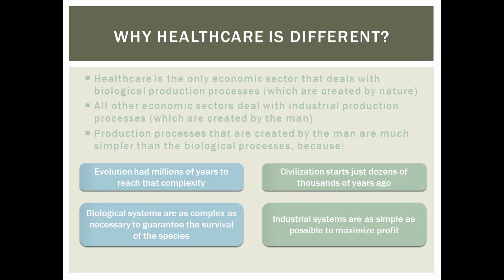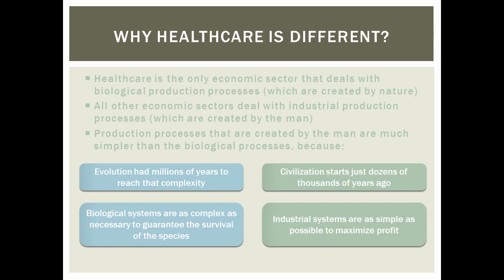But you can say, oh, but the oil industry, the chemical industry, they are very complex industrialized systems. Yes, they are complex, but they will never be more complex than necessary in order to maximize profit.